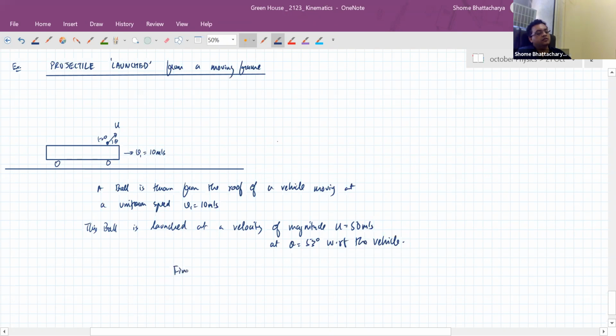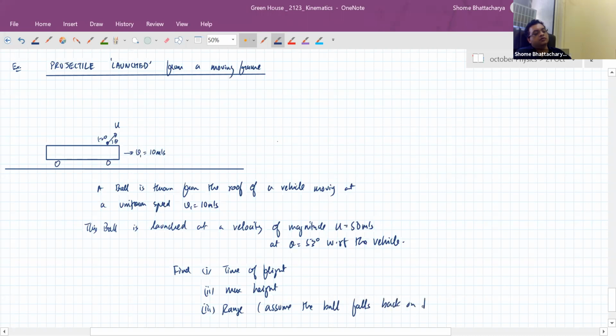So find the time of flight, maximum height, okay, and range. Assume the ball falls back on the vehicle.